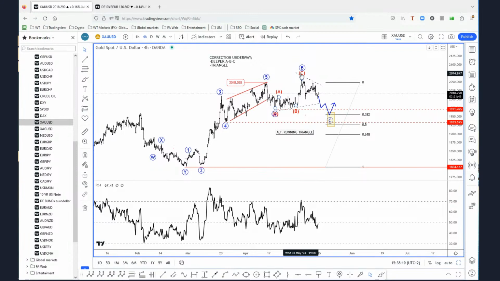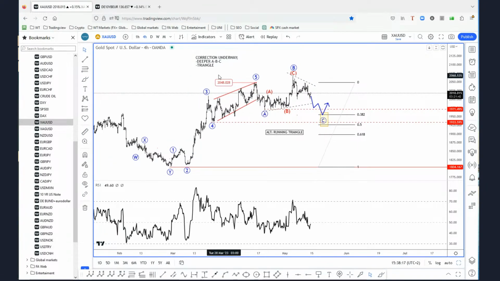If you don't see impulses from the high, that usually represents a potential correction. Could be maybe a deeper ABC, or for an alternate count, could be a flat, could be even a triangle if we hold this 1970.